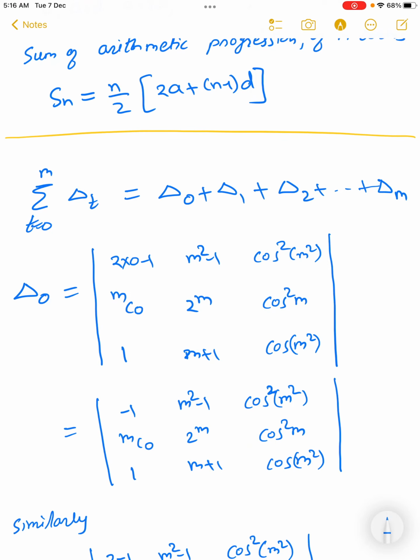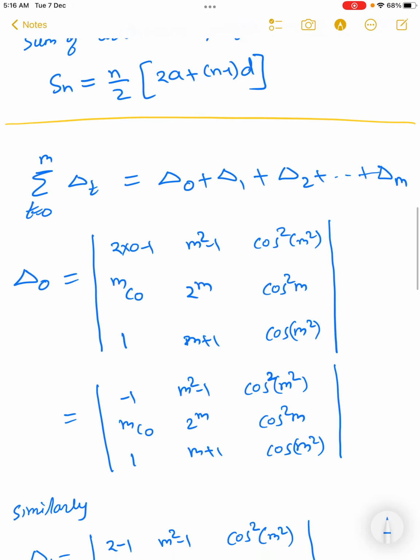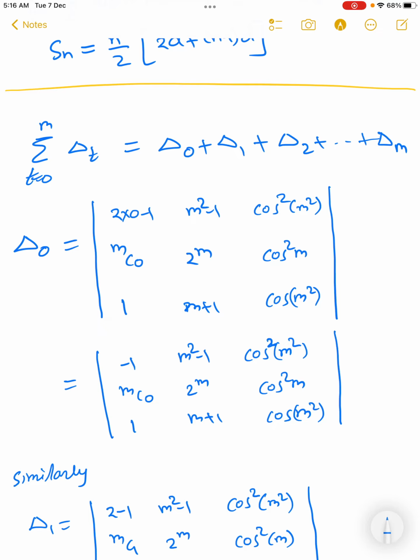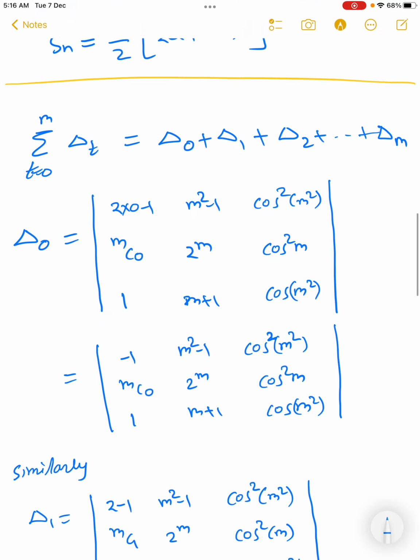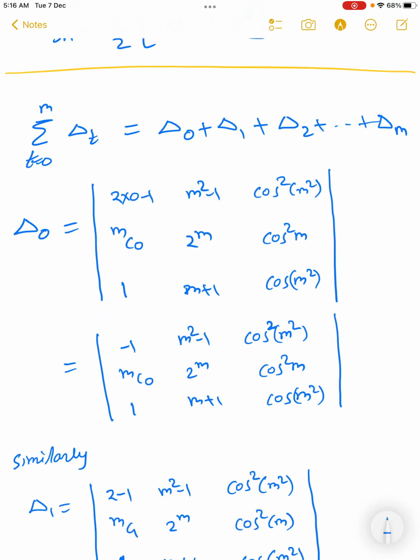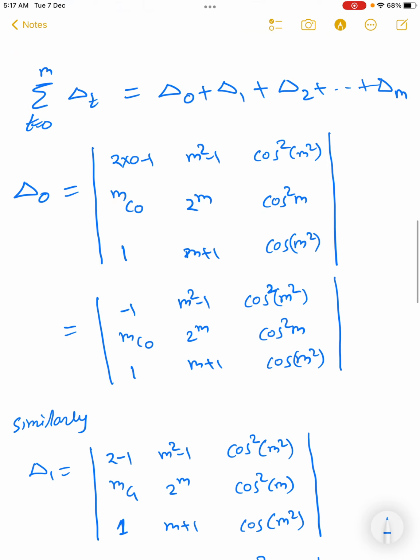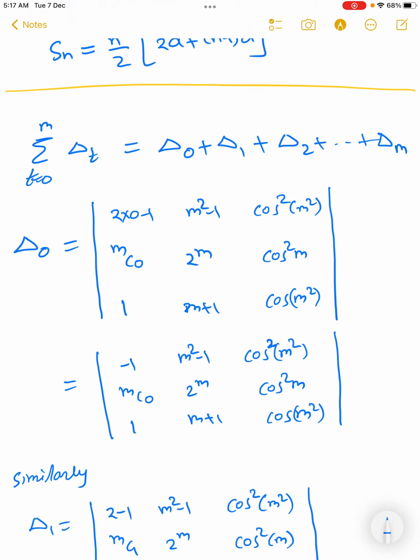So now we need to find the summation of delta t from t equals 0 to m. We write this as delta 0 plus delta 1 up to delta m. We evaluate these deltas one by one. Delta 0: just put t equal to 0 in the delta t determinant.